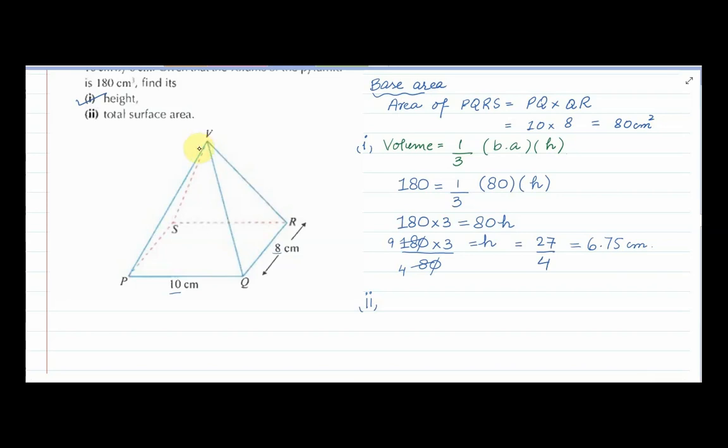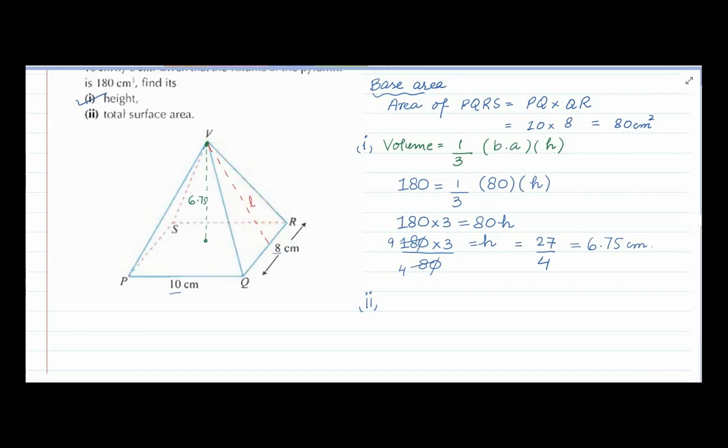And before that, if I draw the height in my pyramid, it will be like this, right? So that is my height of the pyramid. Its value is 6.75. Now look closely, because we need to find this slant length first before finding the value of surface area.